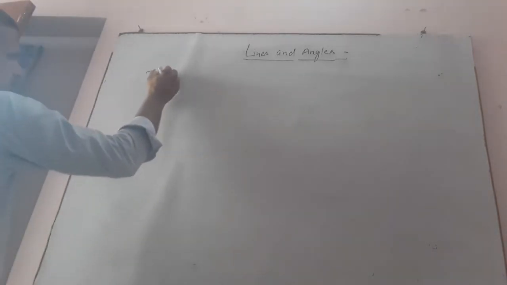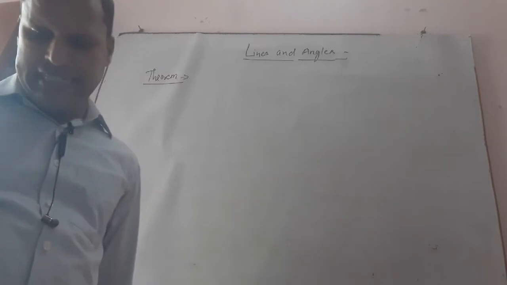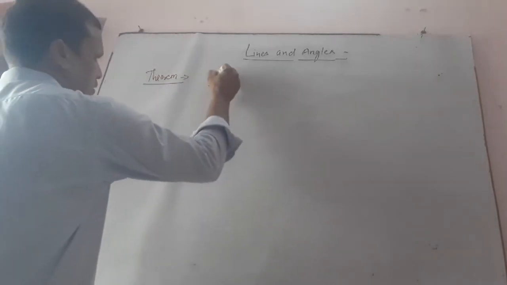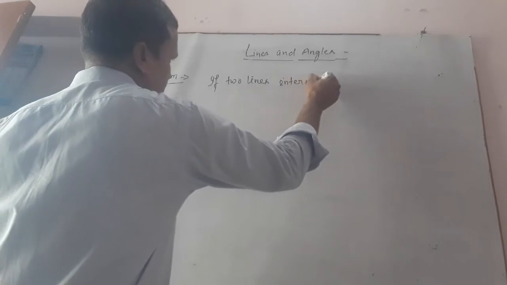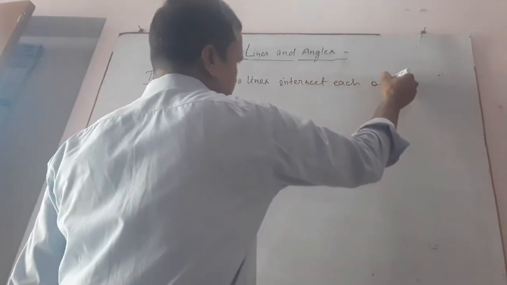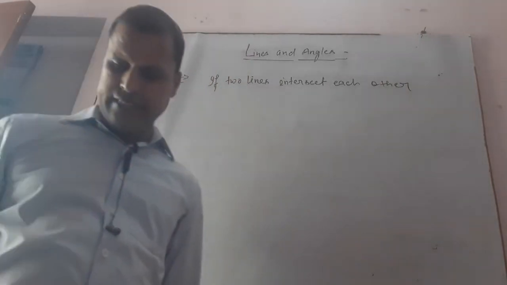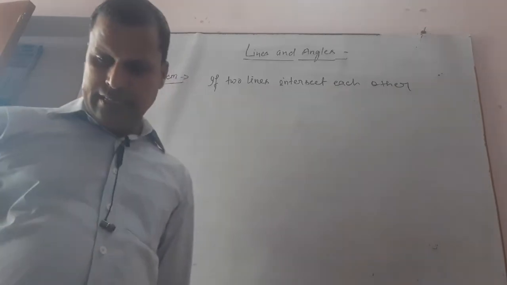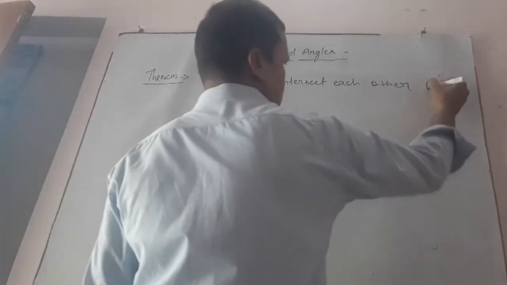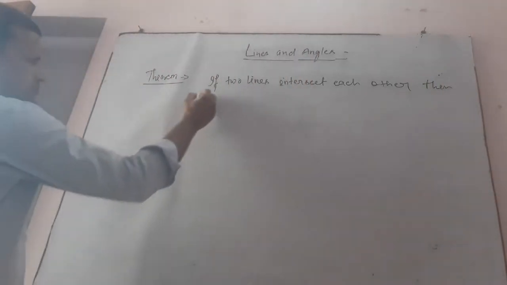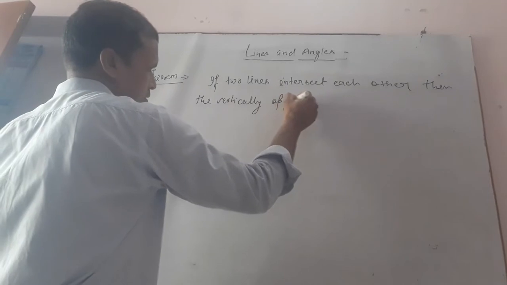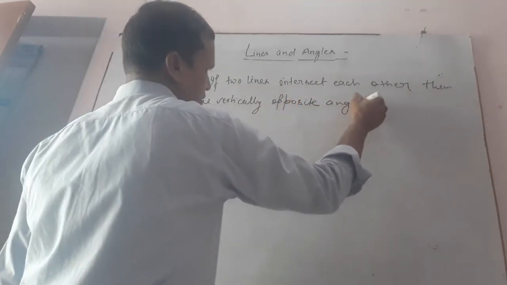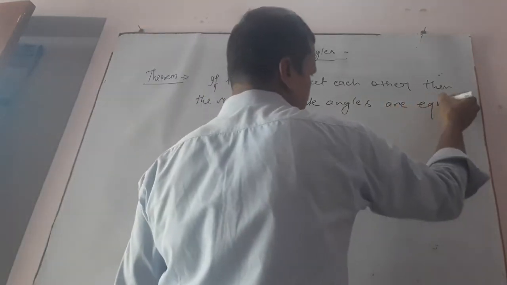Theorem. If two lines intersect each other, then the vertically opposite angles are equal.